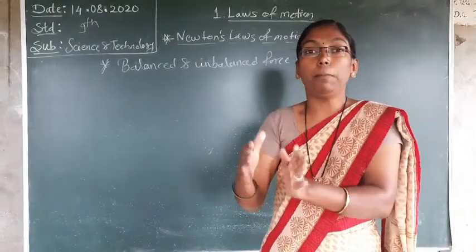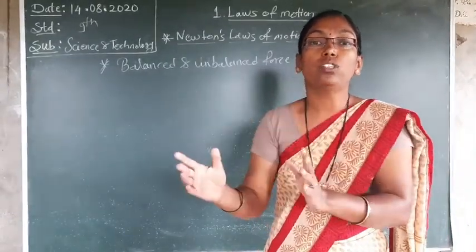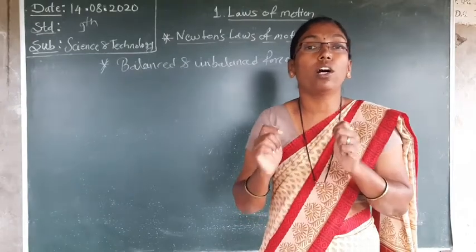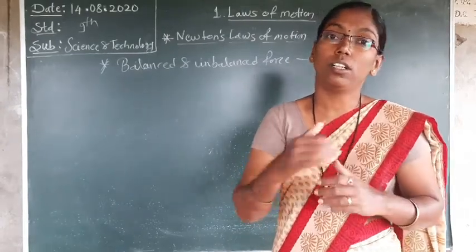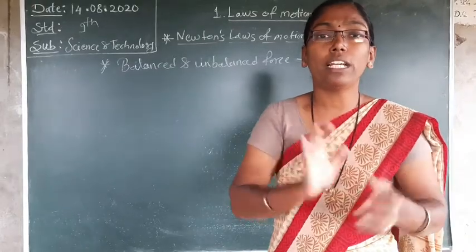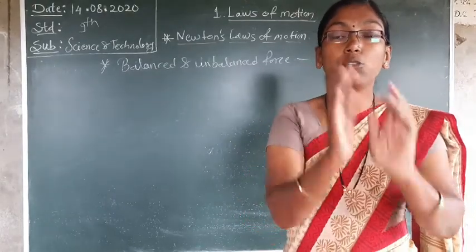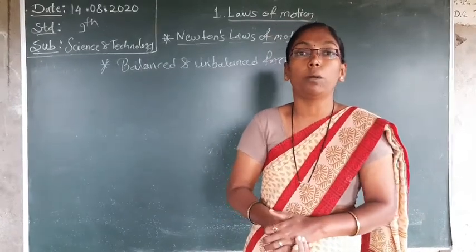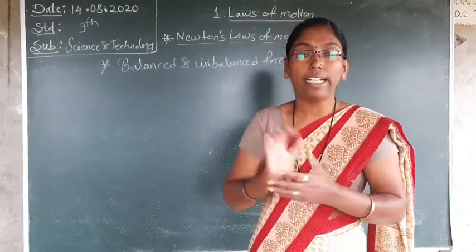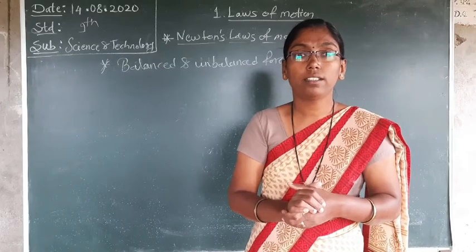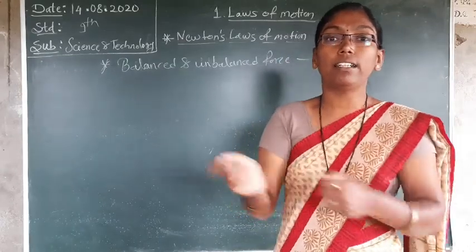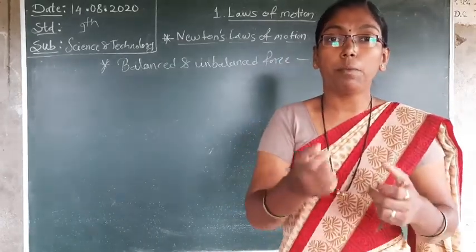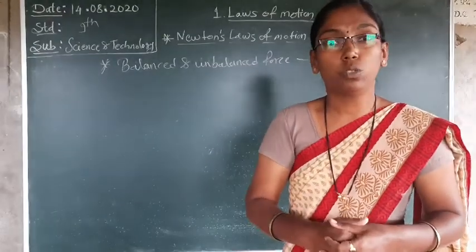When the two sides have the same number of members, the tug of war continues for a very long time and no one falls down. But if one side has 10 members and the second side has only 2 members, the 10 members can apply more force than those 2 members.